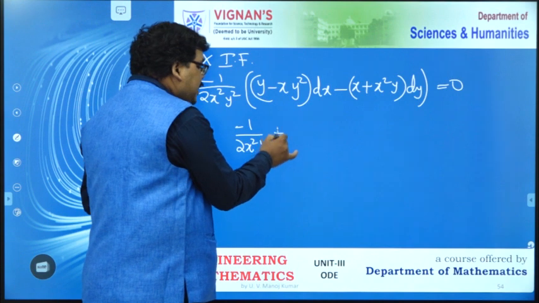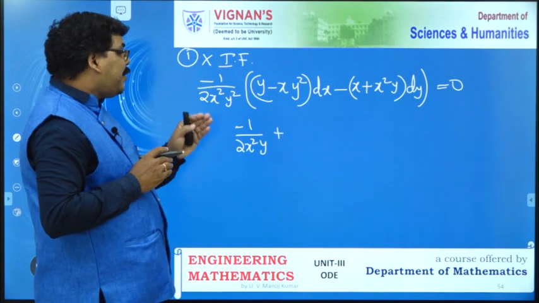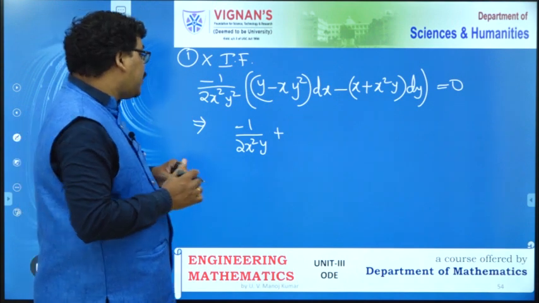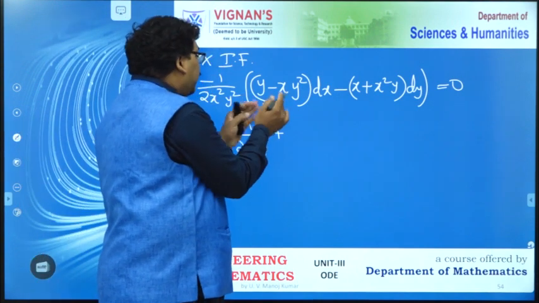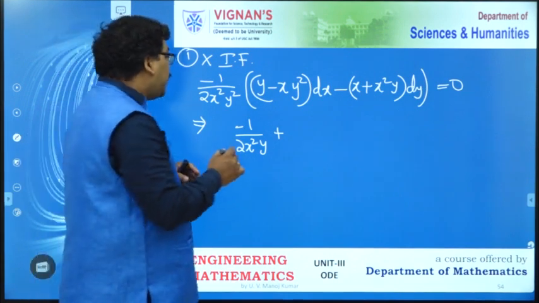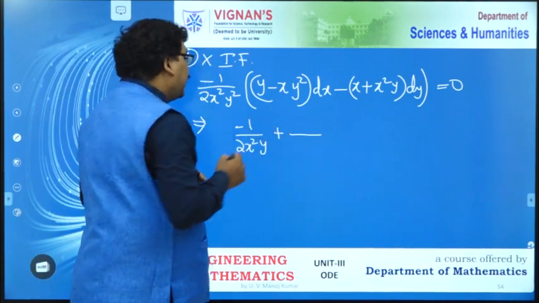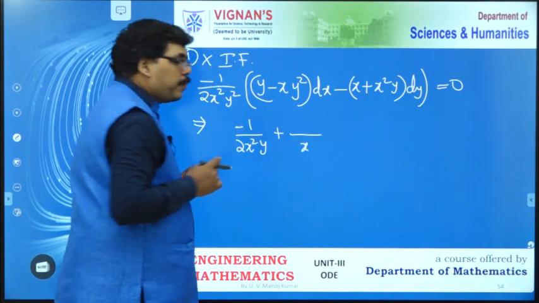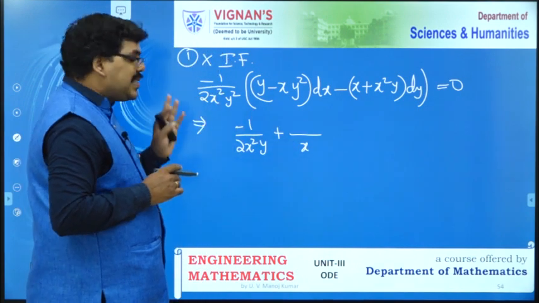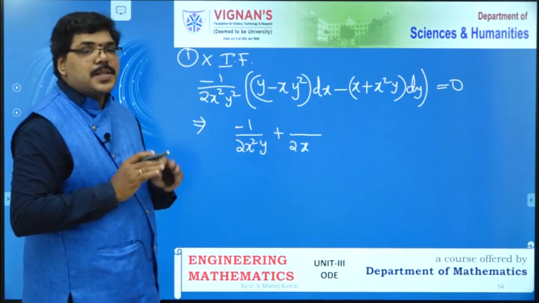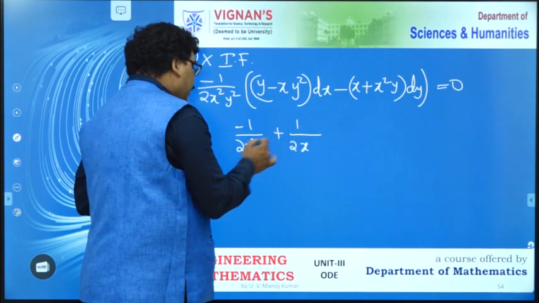Minus into minus plus. xy square, if you multiply with minus 1 by 2x square y square, x cancels in x square, y square cancels in y square, what remains is 1 by 2x.